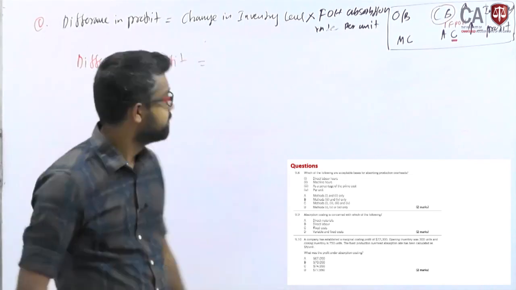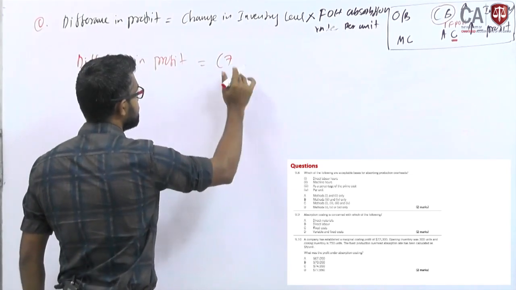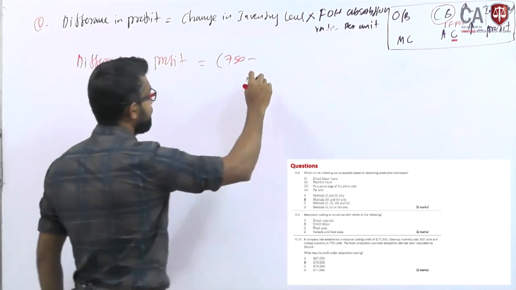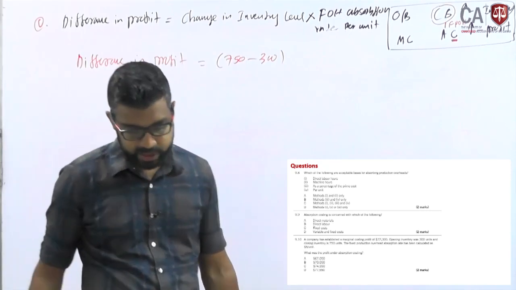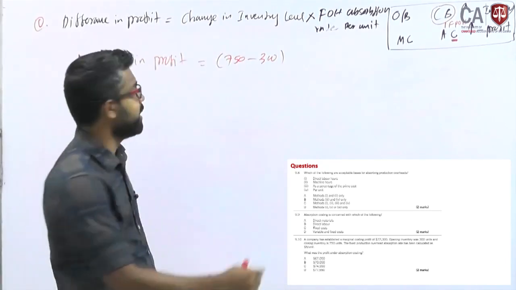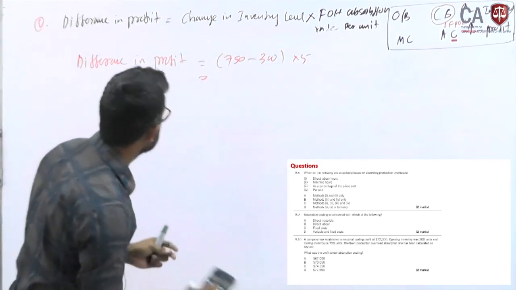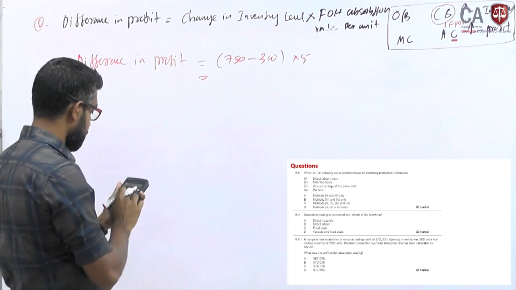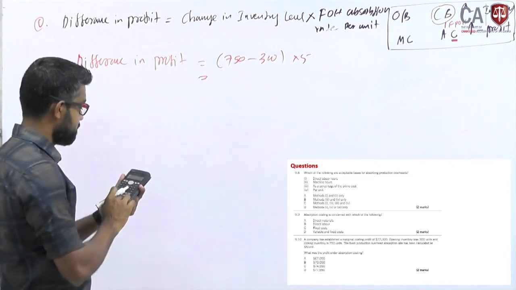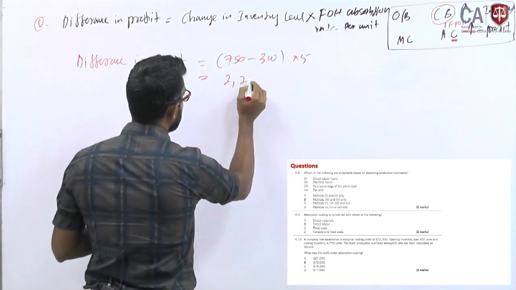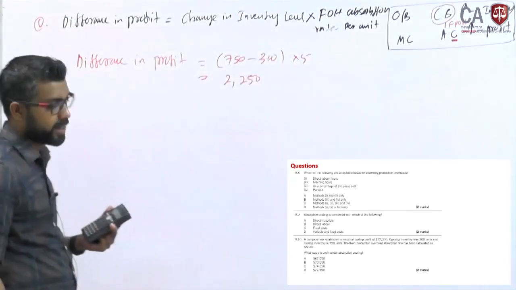Change in inventory level, 750 minus 300, into absorption rate per unit 5. What is the correct answer? $2,250, right? Difference in profit.